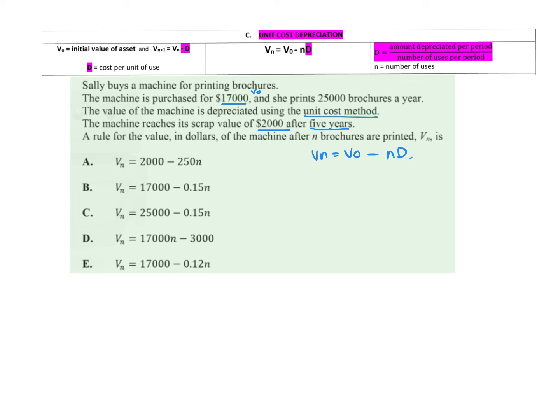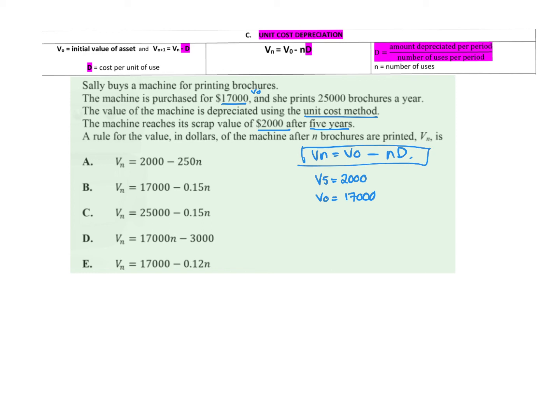It says it was purchased for 17,000. So we could say at V5, they said after 5 years, V5 is 2,000. And we know that V0 is 17,000. So here's the nth rule.